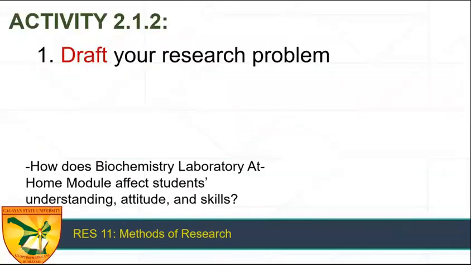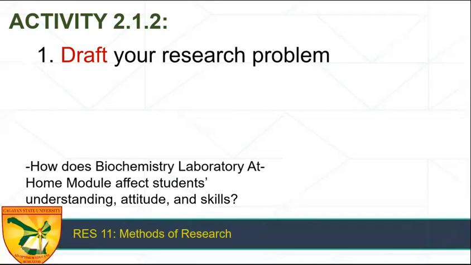So for your activity 2.1.2, remember that for your activities, you have four research topics, one for every group member. So what elements of a research problem should be present for the research problem to be significant?